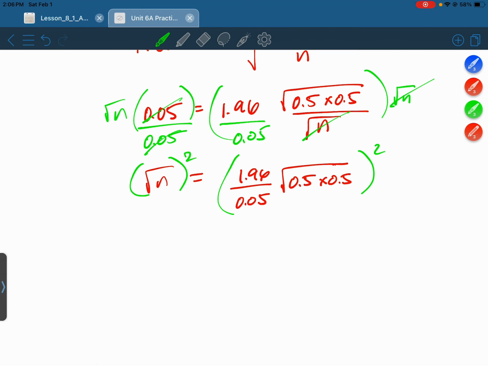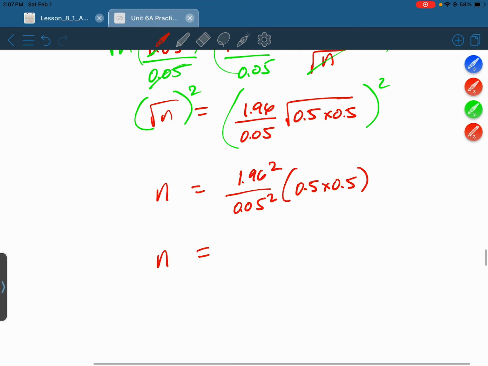The square and the root cancel each other out, so now we've got n equals, and here we can essentially just distribute the power to all three factors: 1.96 squared, 0.05 squared, and then the power and the root cancel each other out, so you just have 0.5 times 0.5.